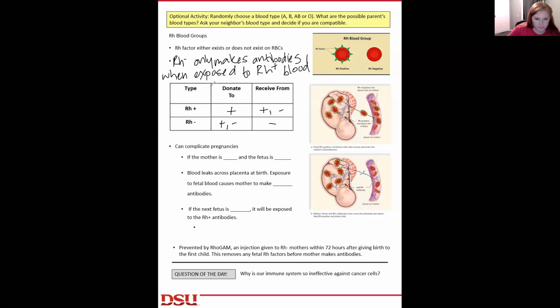Because if the mother is RH negative but the fetus is RH positive, then at birth, when blood from mom and baby kind of commingle, the mom can be exposed to that RH positive factor. And her body is then going to begin to create antibodies against the RH positive factor. Okay.